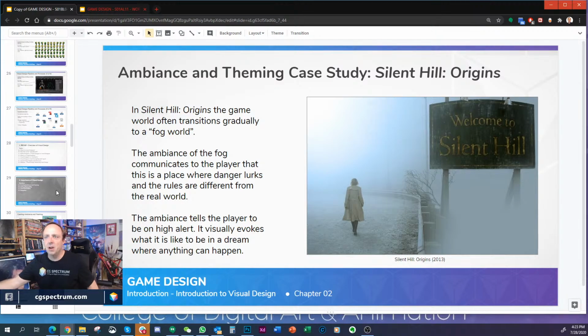Here's an interesting case, because sometimes these things come from technology reasons, and not just from art and design. If you're familiar with a movie and game series called Silent Hill, it was a very, very popular horror game and movie. Really great game, especially back on the original PlayStation in the early days.